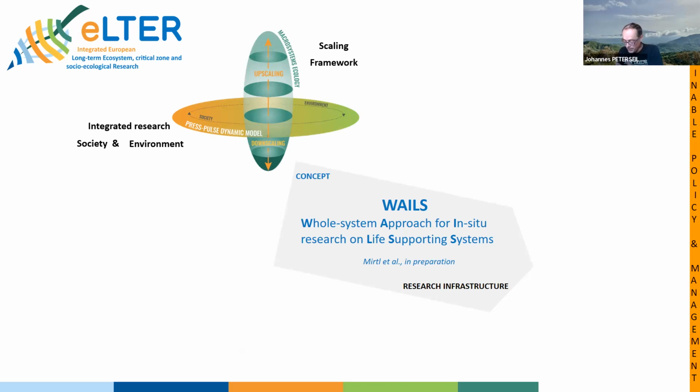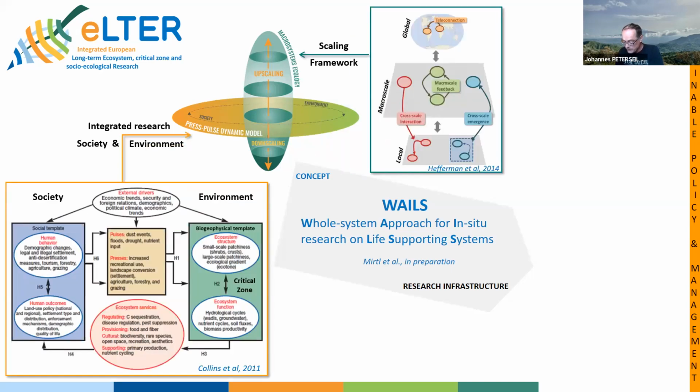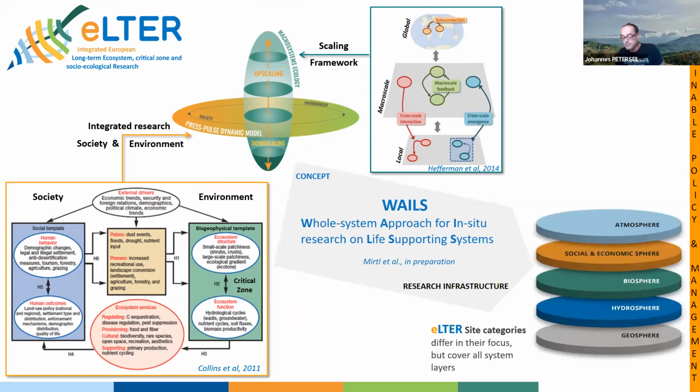The horizontal component stands for the interaction between the environment and the human use of natural resources, and the vertical component indicates the interaction across scales. For both, there are different concepts, and basically eLTER selected the pressure-pulse-decay model by Collins for the horizontal component, and macrosystem ecology for the vertical component.